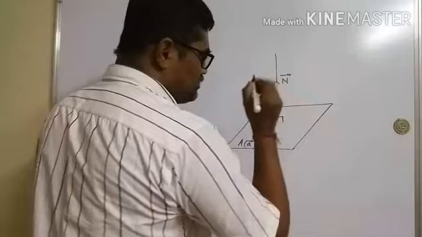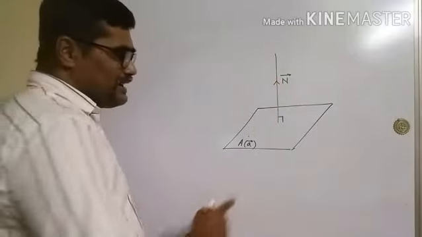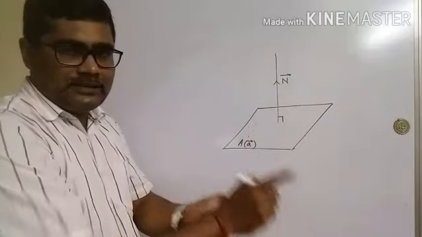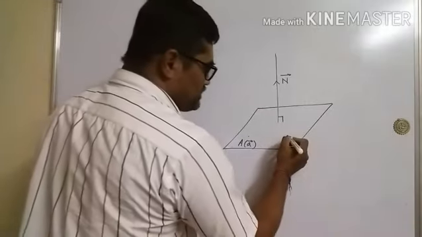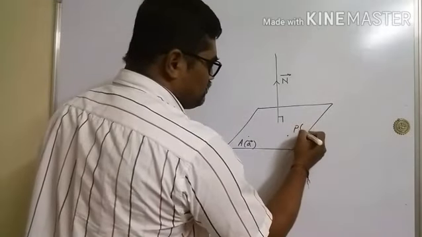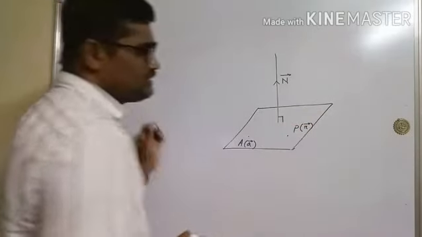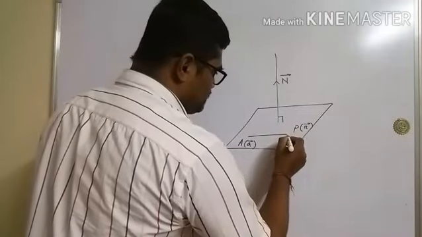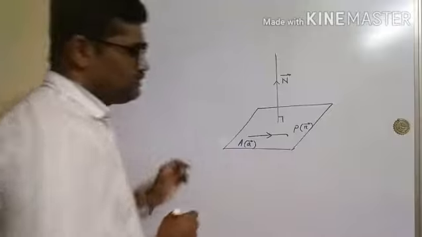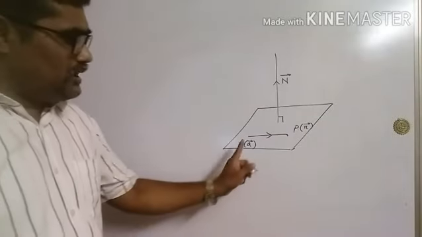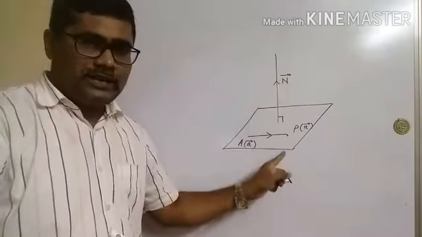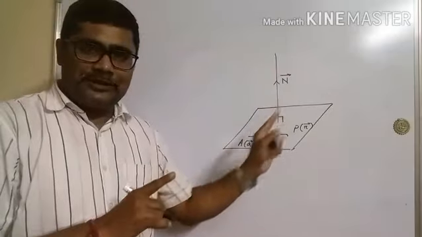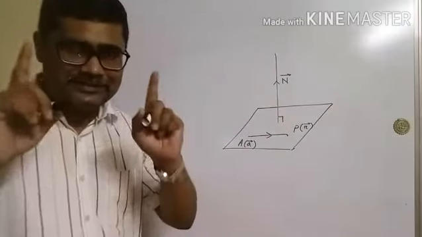This is perpendicular to the plane, right? And anywhere in the plane I consider a variable point P. Suppose this be the point P, which I write like R with position vector R. Then I was asking you to join AP. So AP will be without any problem perpendicular to n. So their dot product will be 0.